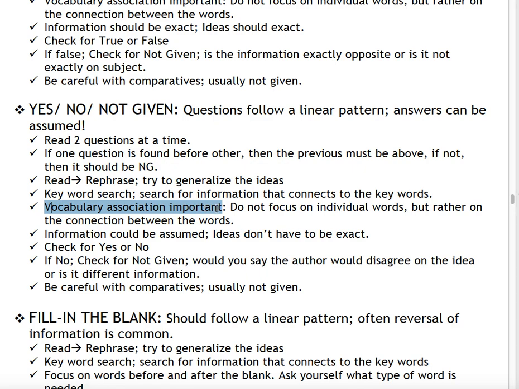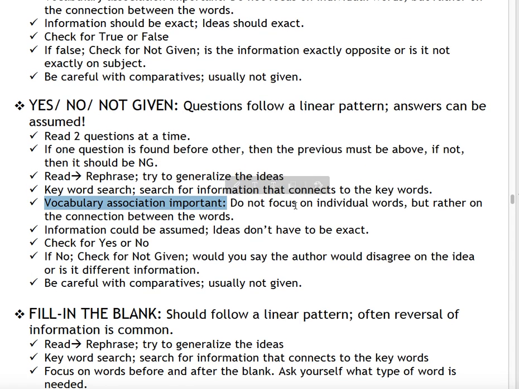Vocabulary association is important. What does that mean? It says here, do not focus on individual words, but rather on the connection between the words. Okay, this is important because, yes, maybe it's a keyword search, but it doesn't exactly mean that one word is going to make a difference. Because we need to understand the idea, the connection between the words.